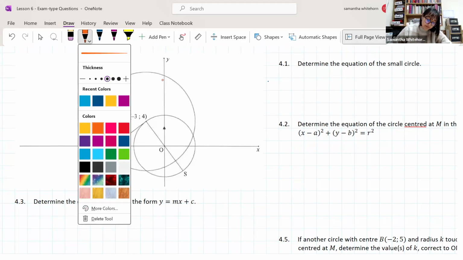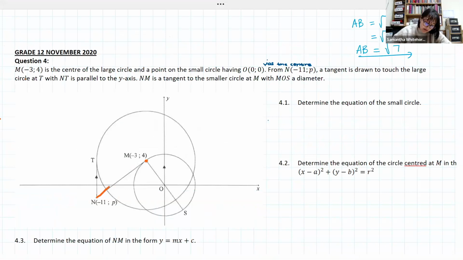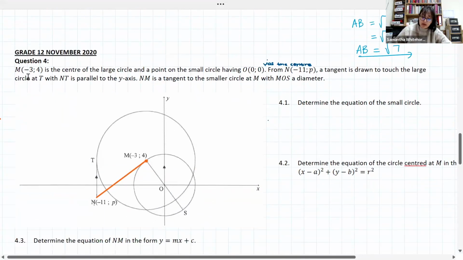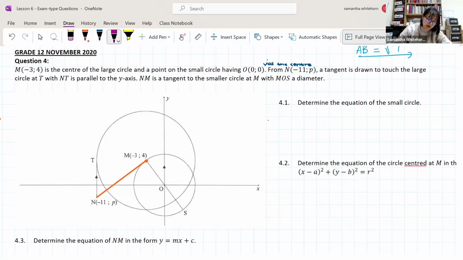Right, first things first, we were told that M is both the center of the big circle and on the circumference of the smaller circle. And we can see that NM is the tangent. The second we're told tangent, we need to be thinking, cool, it's perpendicular to the radius, the tan perp rad theorem, and we need to be thinking equations of that line. Do I know anything about it? What can I do with that?